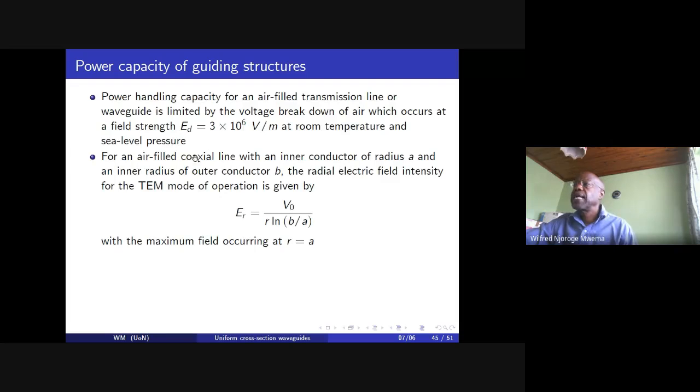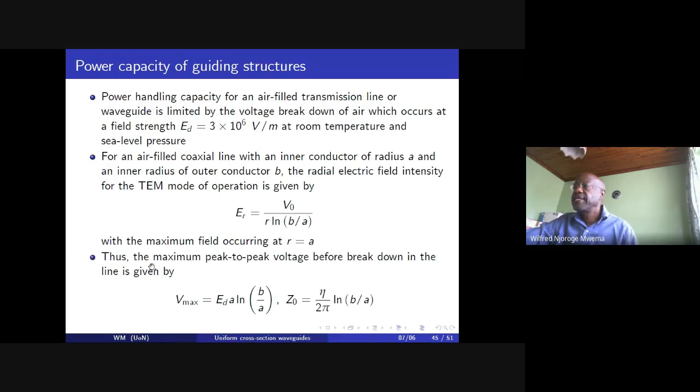So for an air-filled coaxial line with an inner conductor of radius a and an inner radius of the outer conductor b, the radial electric field intensity for the TEM mode of operation is given by ER equal to V naught over rho natural log of b over a, with the maximum field occurring at the inner conductor surface.